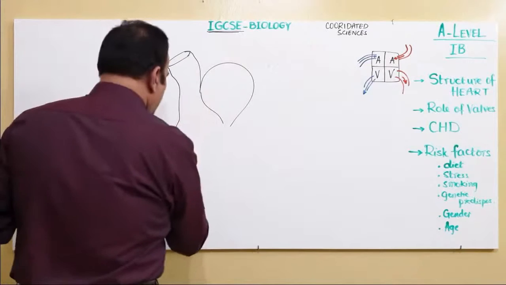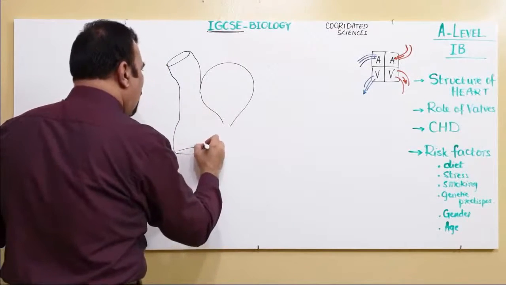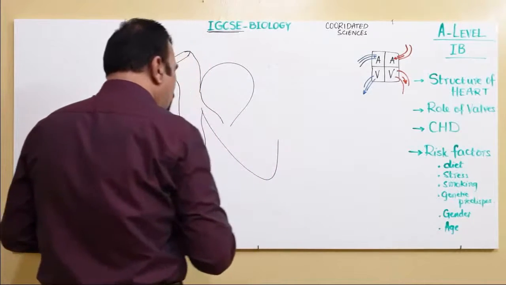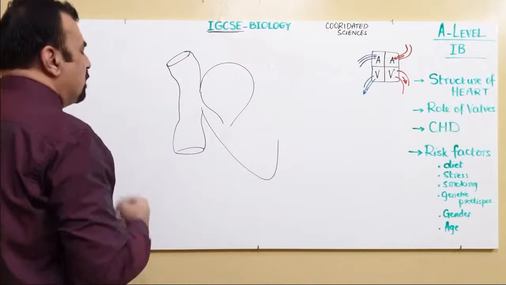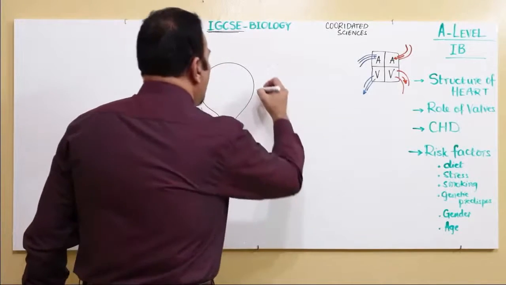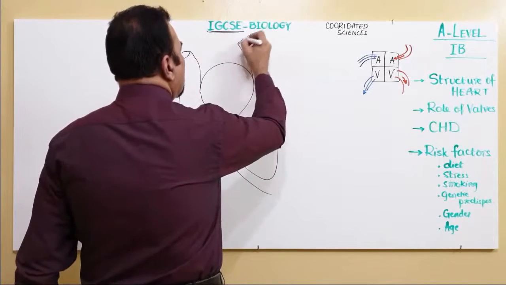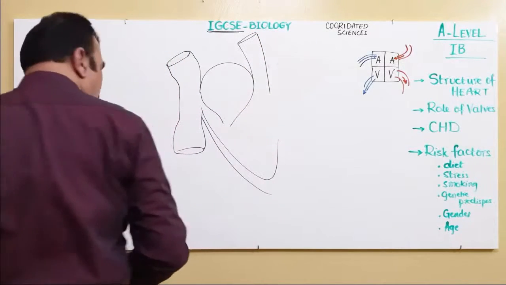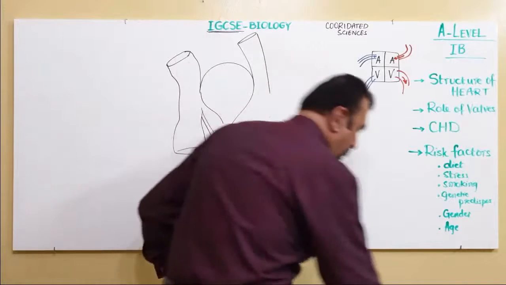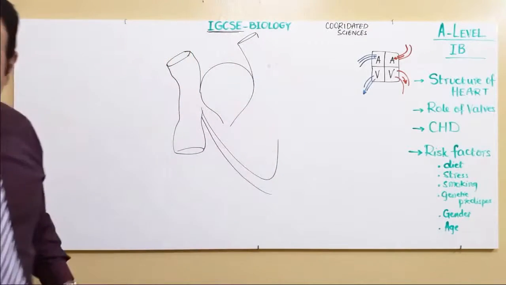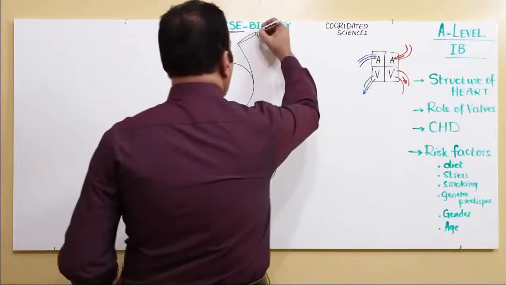So we were drawing the heart. This is the right side of the heart, which I'm drawing right now. And you can see that. How is this going to complete? And this side of the heart, as I have mentioned earlier, is containing deoxygenated blood, which will be shown in blue in a minute.